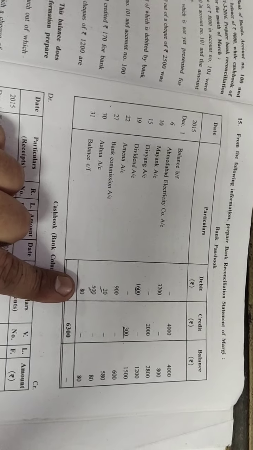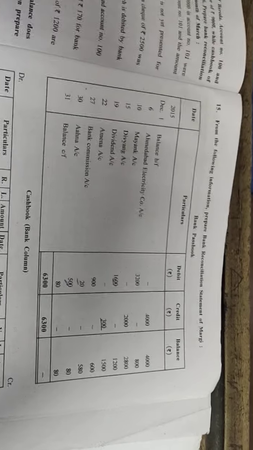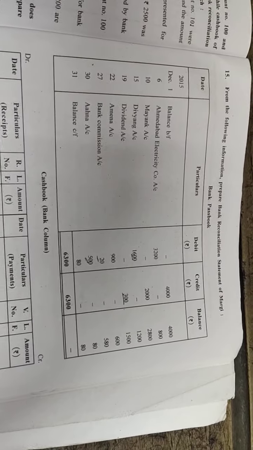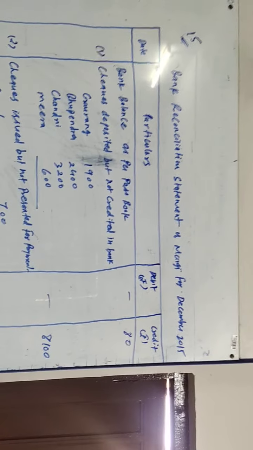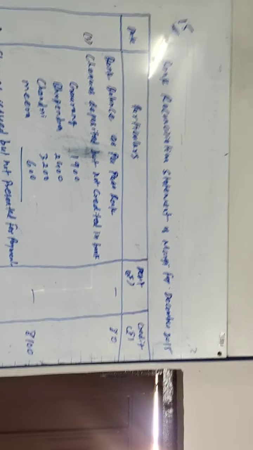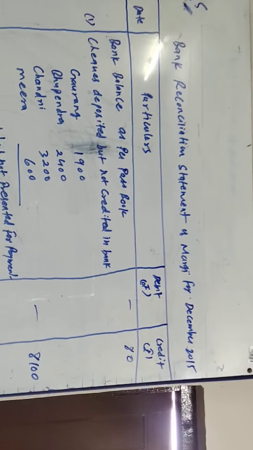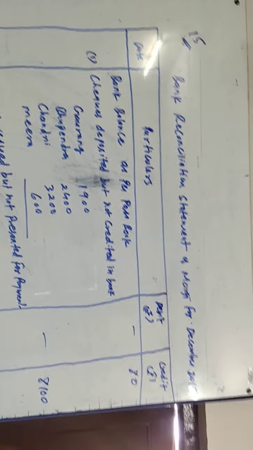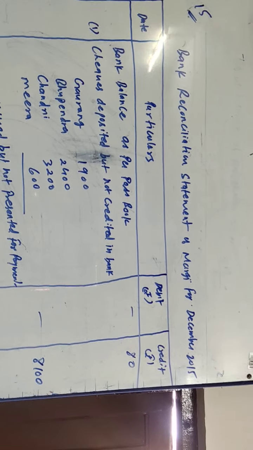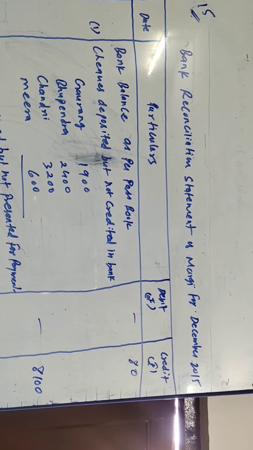So credit balance as per passbook, we very well know it is called bank balance. So let us start with bank balance as per passbook rupees 80. Here it is. Sum number 15 bank reconciliation statement of Margi for 2015 December, and first item bank balance as per passbook rupees 80 at the credit side.